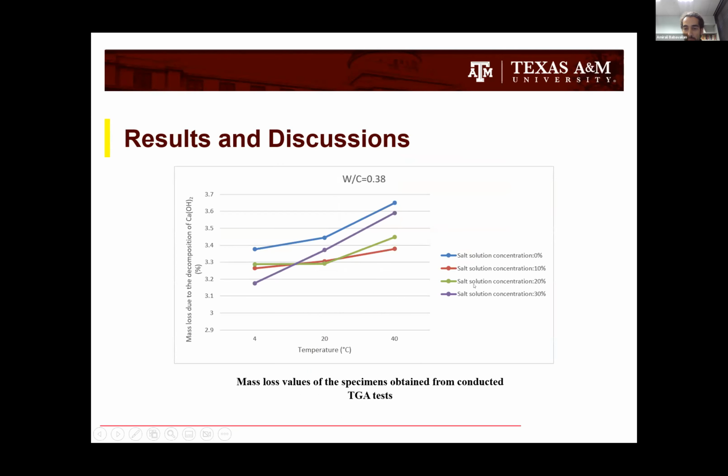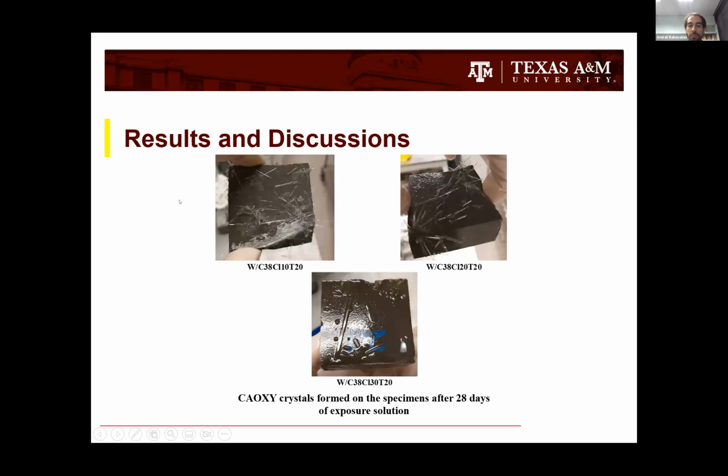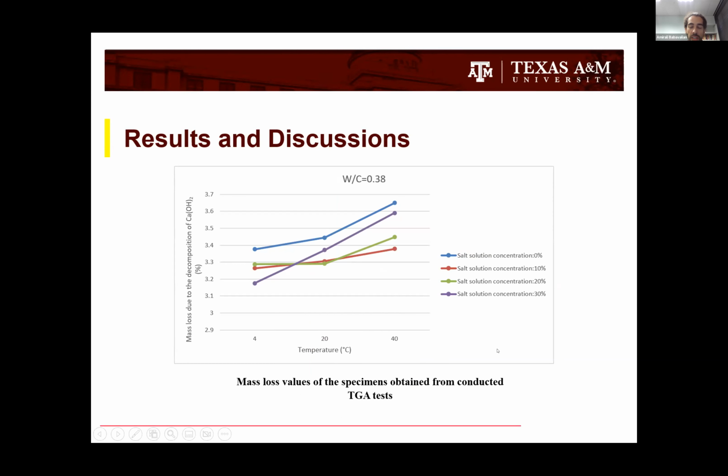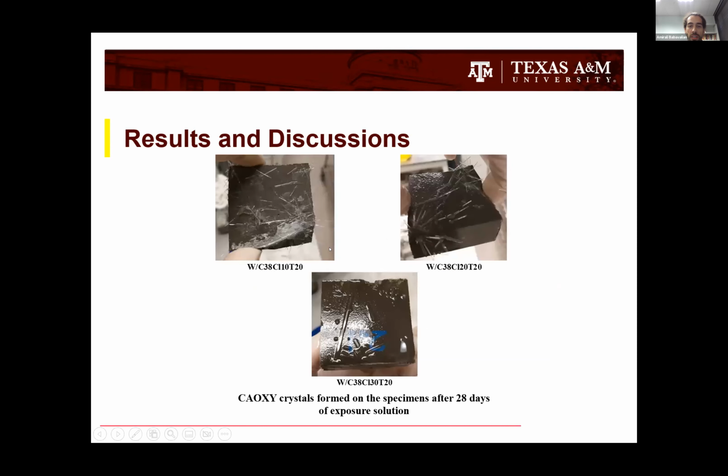So if you compare it with this graph, we can see that for 20 degrees, the 10% and 20% have the same values. So the pictures verify the values obtained from the TGA test. And in the 30%, we can see less calcium oxychloride. Here we have more calcium hydroxide, so we have less calcium oxychloride.